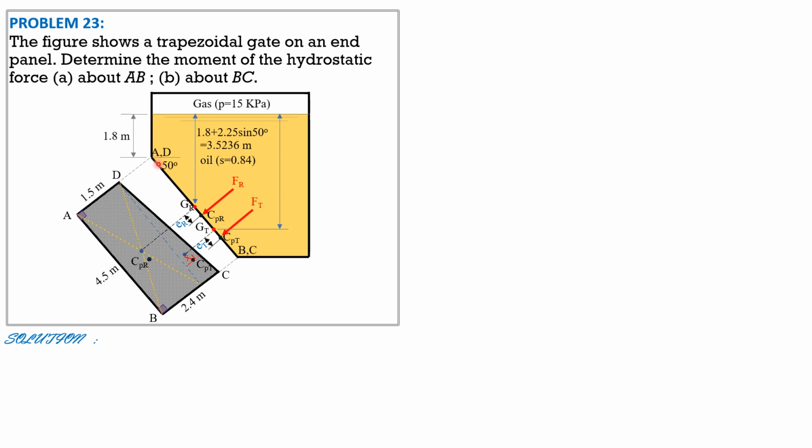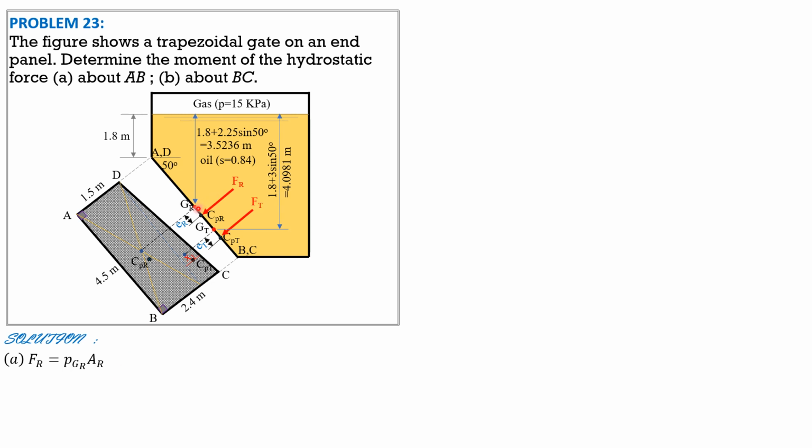So the distance from A to G of triangle is 2/3 of 4.5. 2/3 of 4.5 is 3. So it is 1.8 plus 3 sine of 50 degrees, that would be 4.0981 meters.